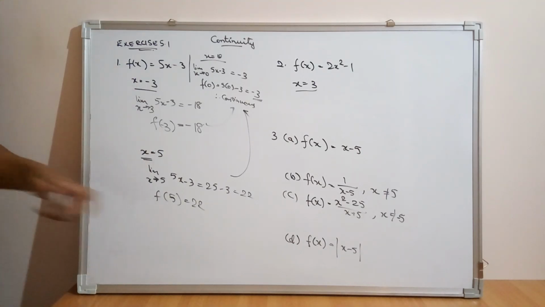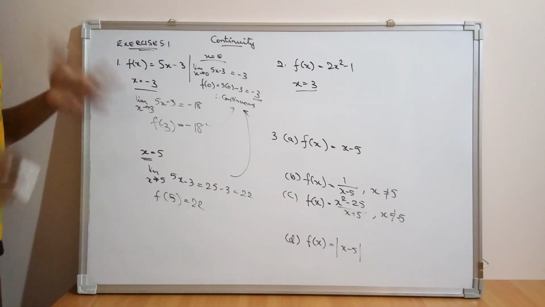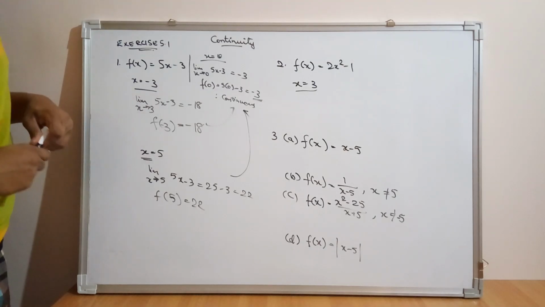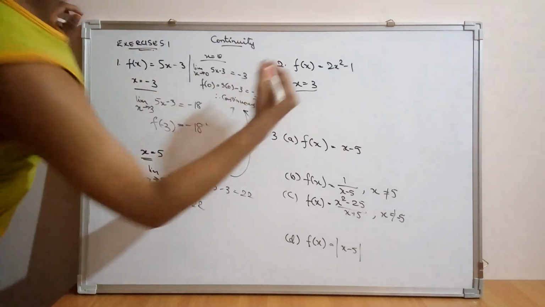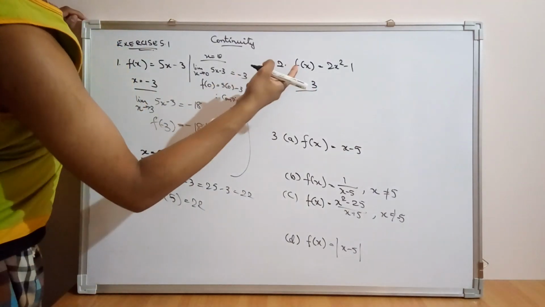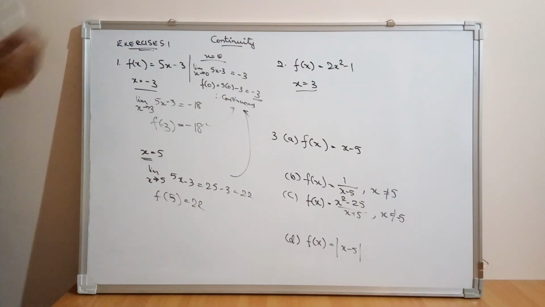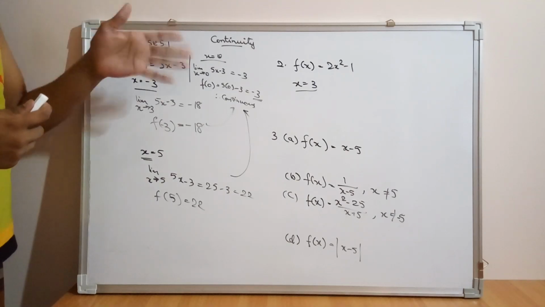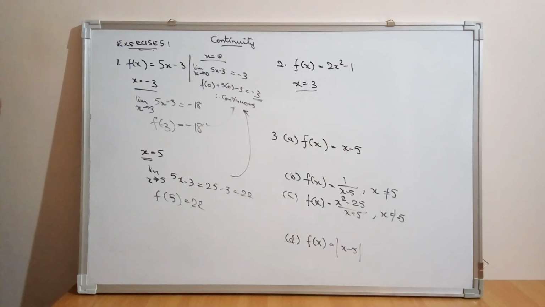I hope you understood how to do this. Because you know how to do the limits, I am going faster here, because the later part of the calculus requires more explanation. Next, the second question. You need to examine the continuity of the given function at x is equal to 3. The function given is 2x square minus 1.